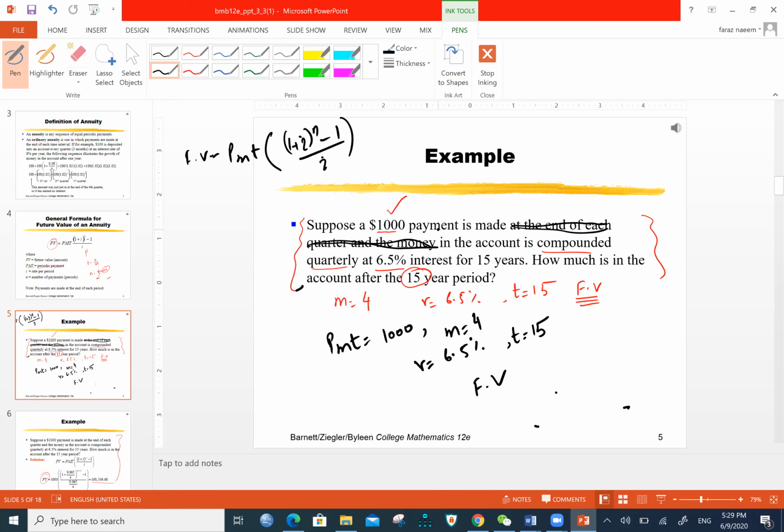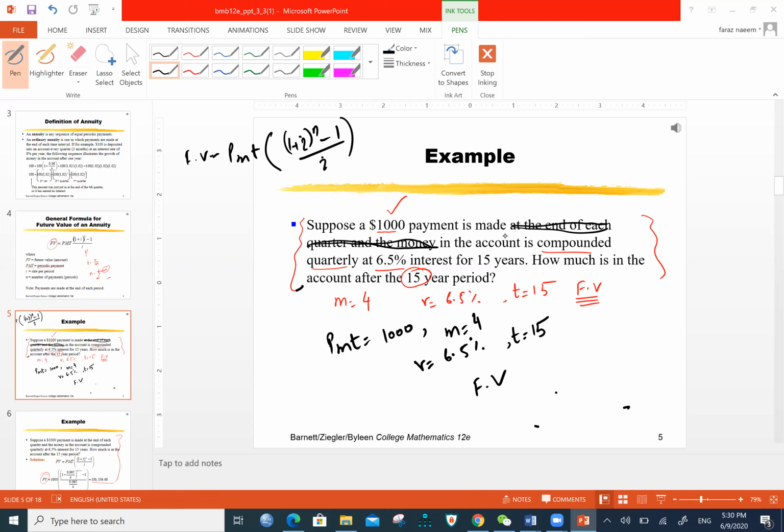Exactly, that is what I mean, and that is what I actually want everybody to understand. That if I remove this sentence, which I just crossed... Will an annuity question always say at the end of each quarter? No, that is what I am telling you. This is a different phrase. Maybe they can change their language.